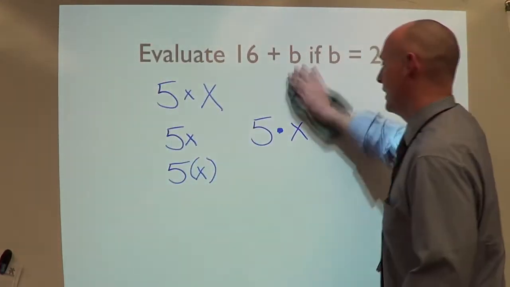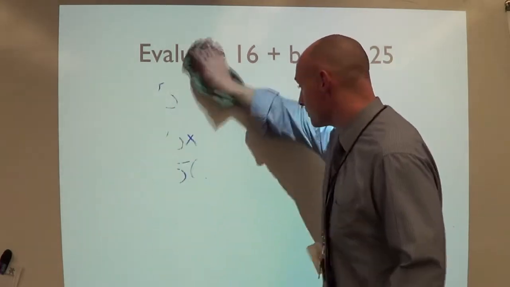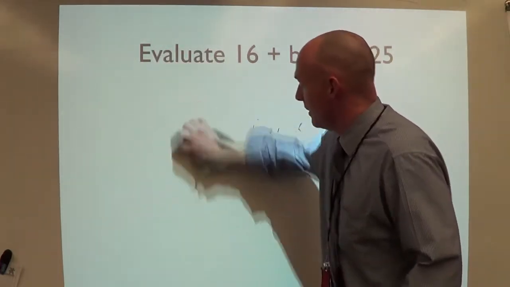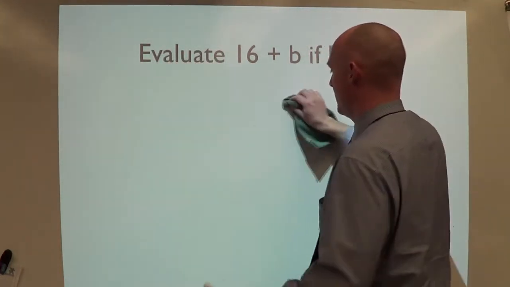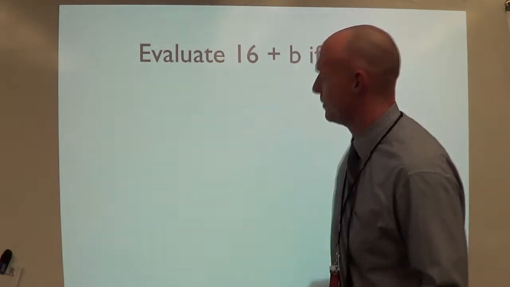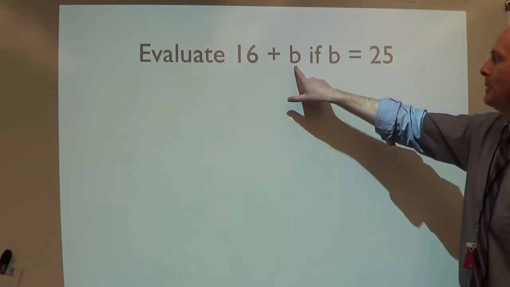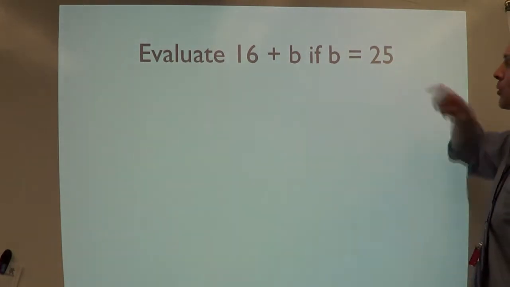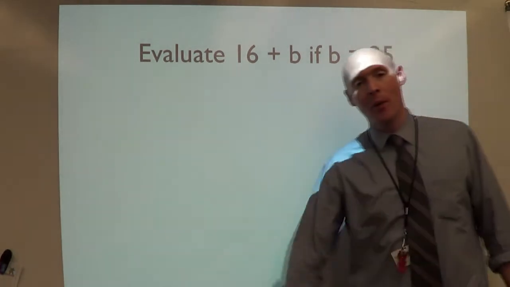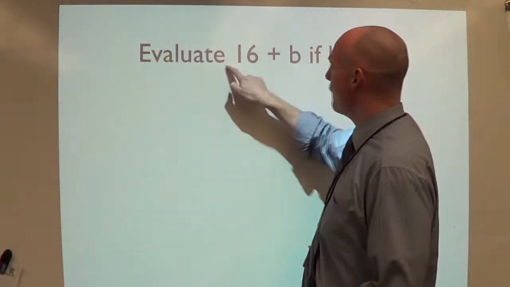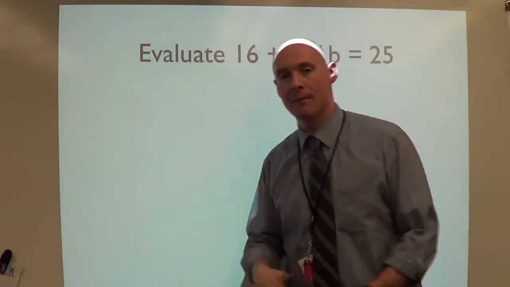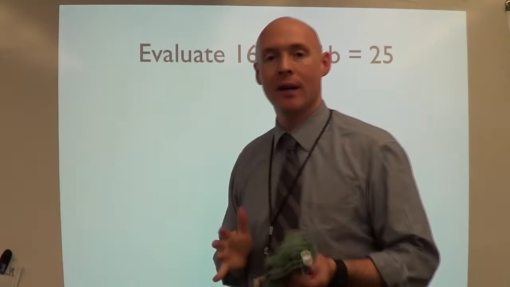Now, let's dive into variables. There we go. We're going to evaluate 16 plus b if b equals 25. Right away I can tell your eyes are drawn to evaluate 16 plus b. And right now you just want to dive right in and solve it.